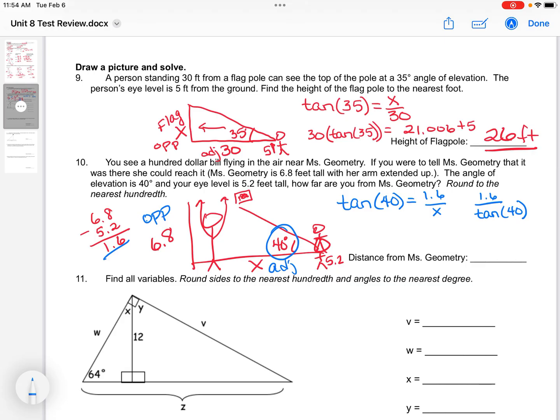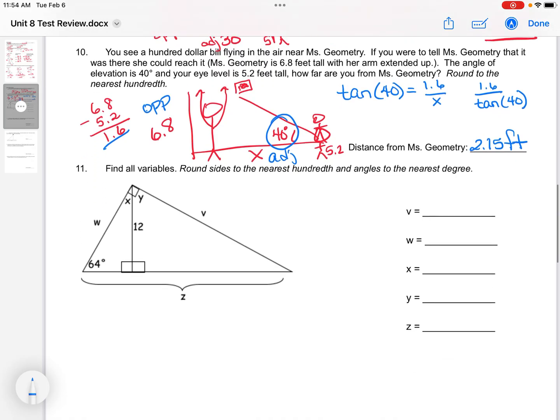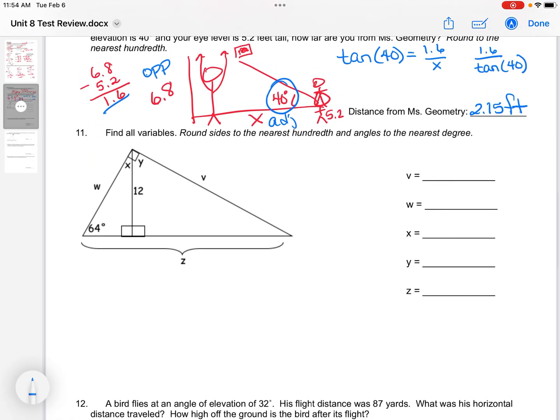And your distance from Miss Geometry is 2.15 feet. Okay, the next one has a lot of work, but it's all relatively easy.